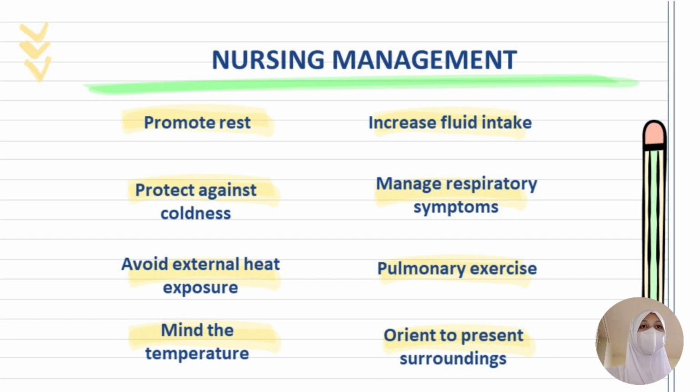So, we want to encourage them to do deep breathing and coughing exercises or use of incentive spirometry. And then, orient to present surroundings. So, alam naman natin ang patient na may hypothyroidism has a decreased mental status. So, we want to orient them to time, place, date, and events around the patient.